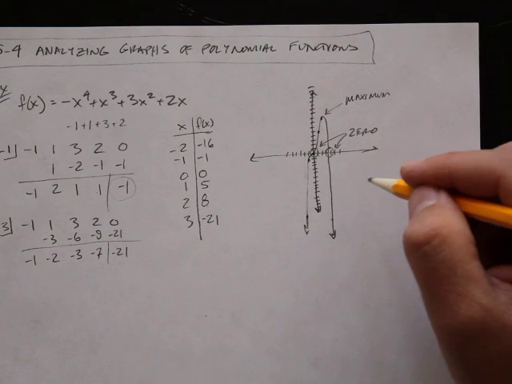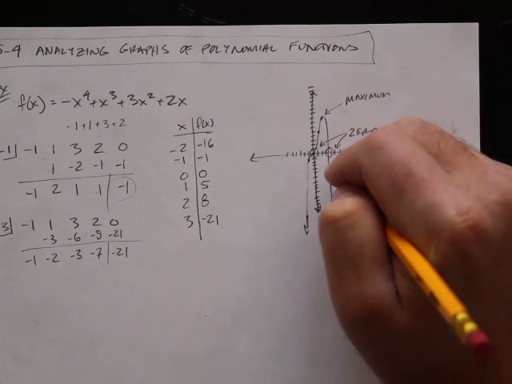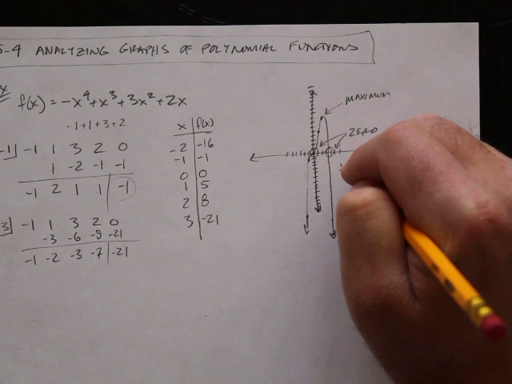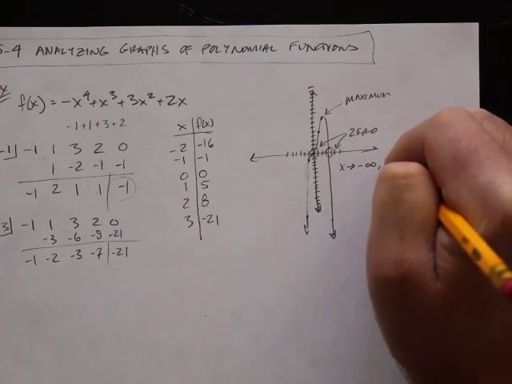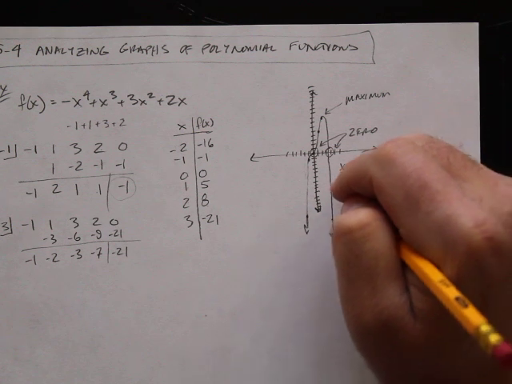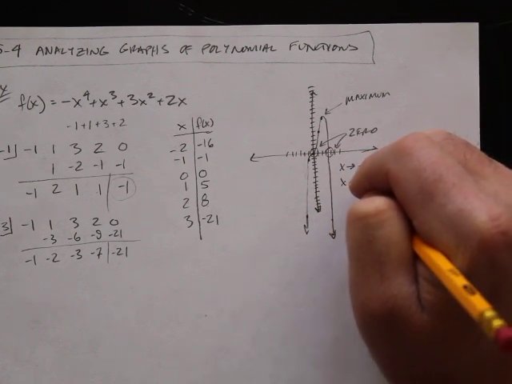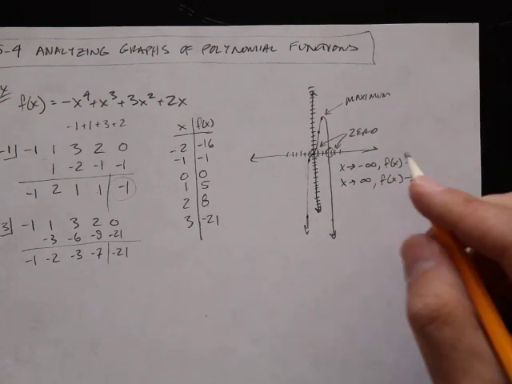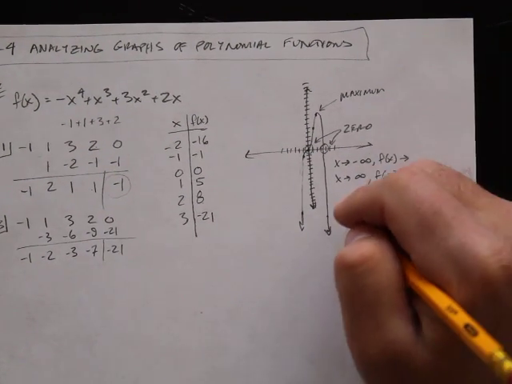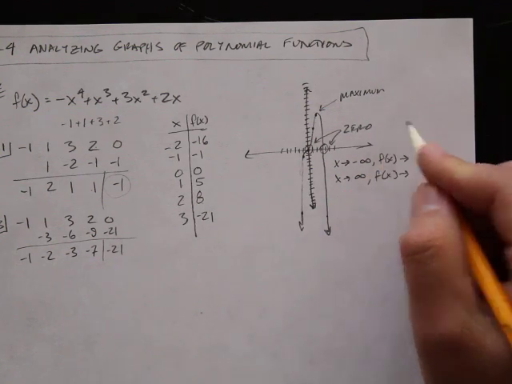And then we can also talk about when x goes to negative infinity, what does f of x do? We can talk about when x goes to positive infinity, what does f of x do? And we can write down the zeros. We'll write them up here.